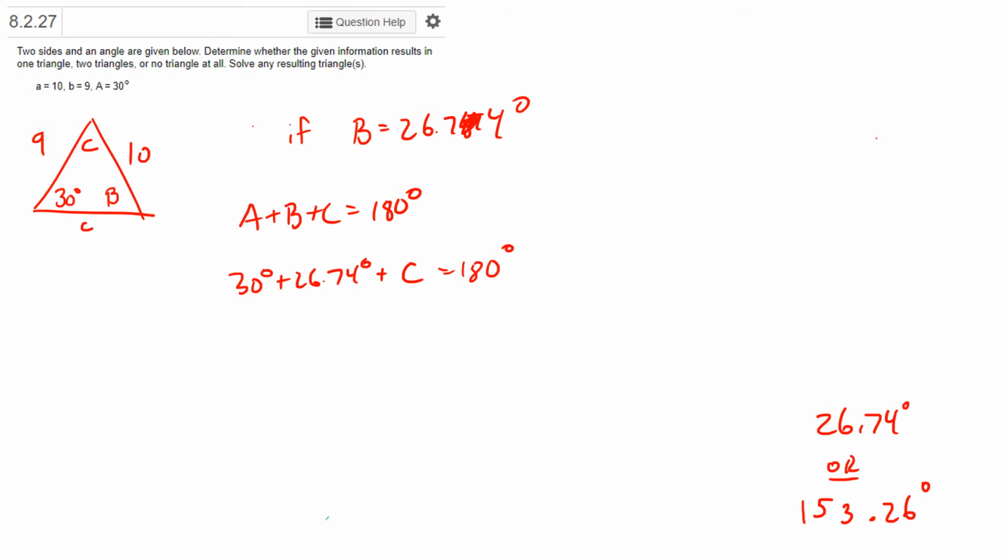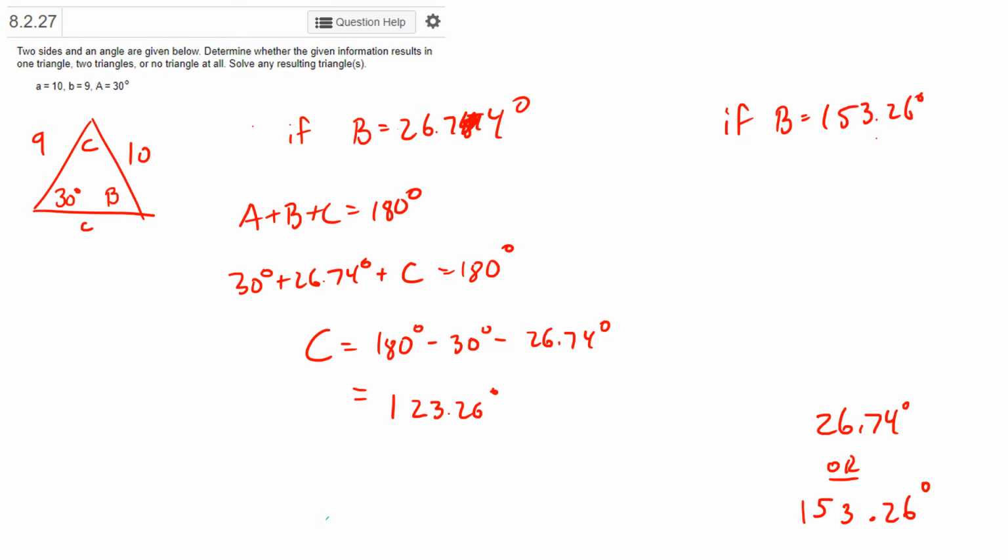If I subtract 30 and subtract 26.74 from both sides, we get 180 minus 30 minus 26.74. So that's 150 minus 26.74, so that's 123.26 degrees. Great.